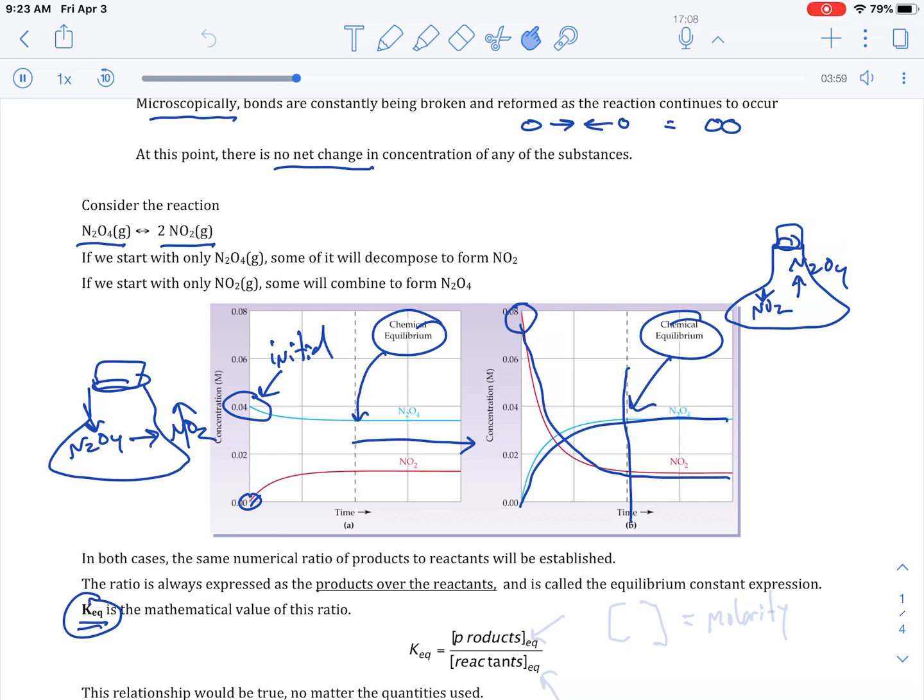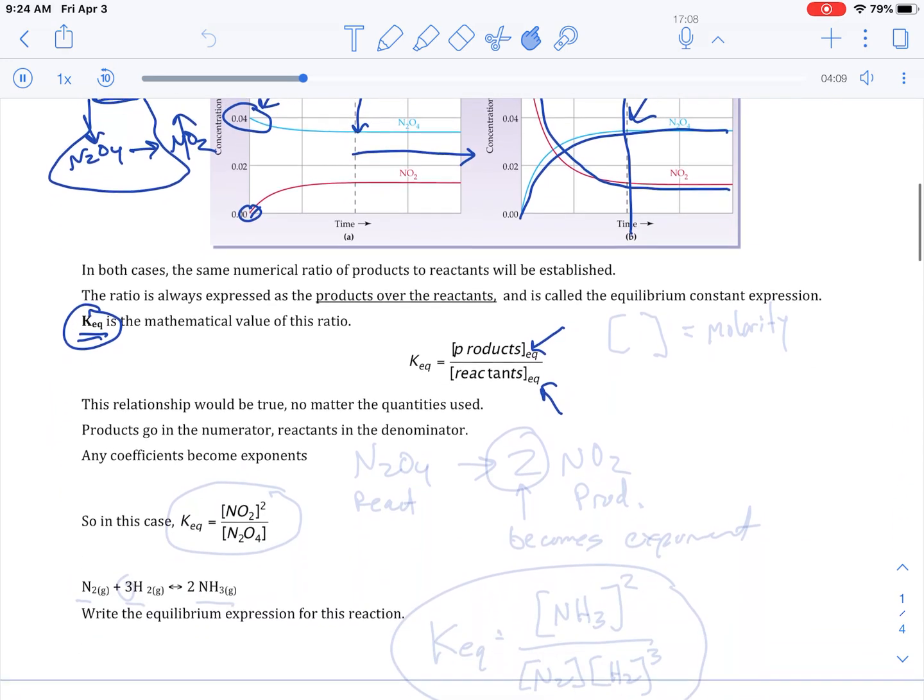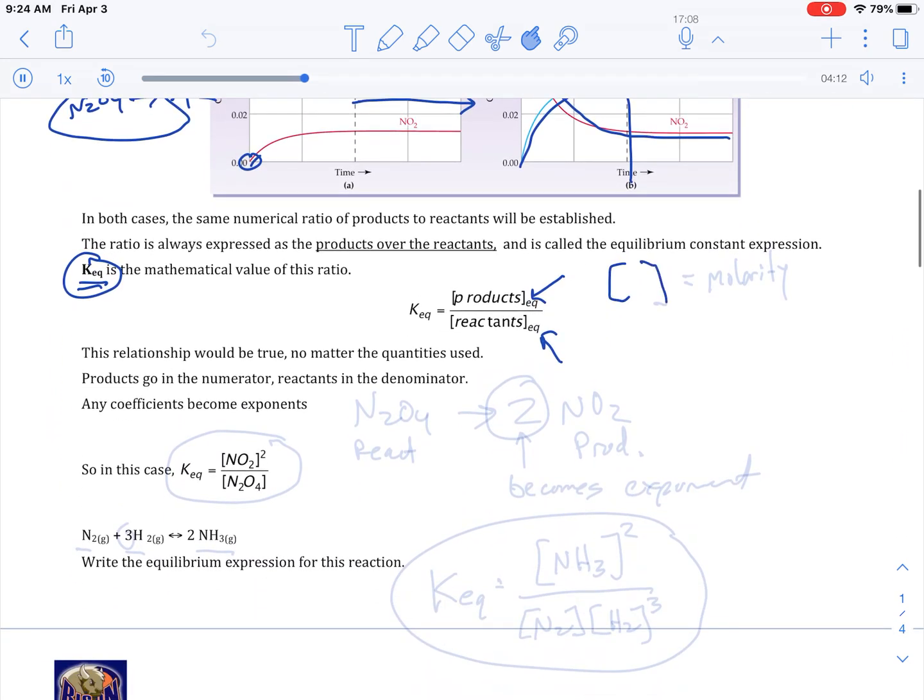KEQ is mathematically determined by taking the concentration of the products at equilibrium over the concentration of the reactants at equilibrium. Right, so that's what we mean by saying ratio. And every time you see this, brackets, that's a concentration. We're going to be using molarity as our concentration, so that means you would plug in the molarity for that value.